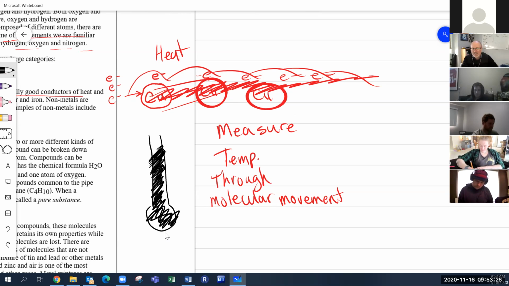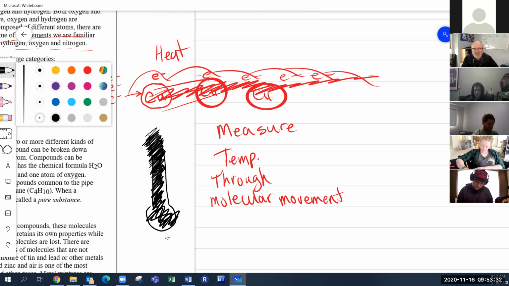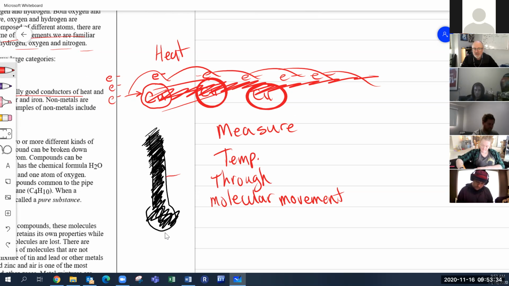The hotter it is, the more vibration you will get of those molecules, and it gets higher and higher. And we just simply put a scale on the thermometer, and we're measuring actually molecular movement out of a thermometer. Okay, it's really all it is. So that's kind of how a thermometer works, if you did not know that already.